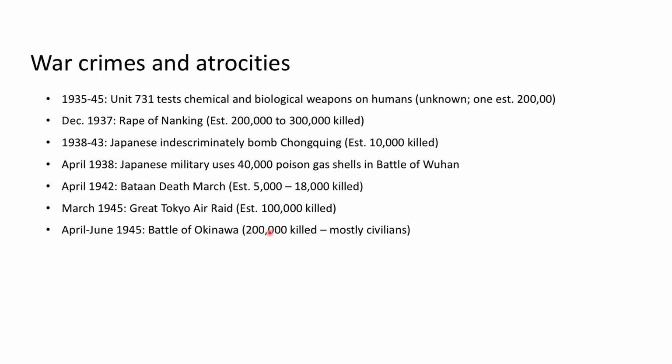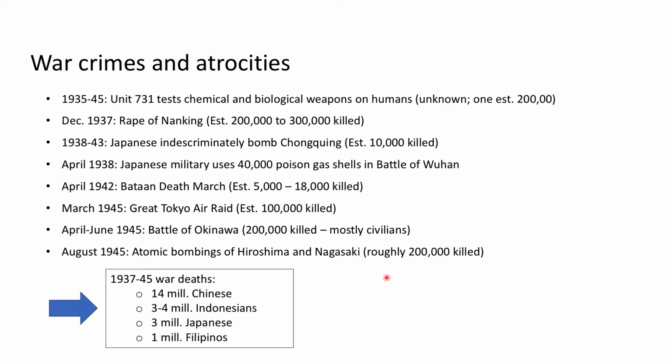And this number includes fatalities on both sides, US and Japanese as well. In August 1945, the US dropped atomic weapons on Hiroshima and Nagasaki, and roughly 200,000 were killed. And this includes atomic bomb victims who died from radiation poisoning afterward.